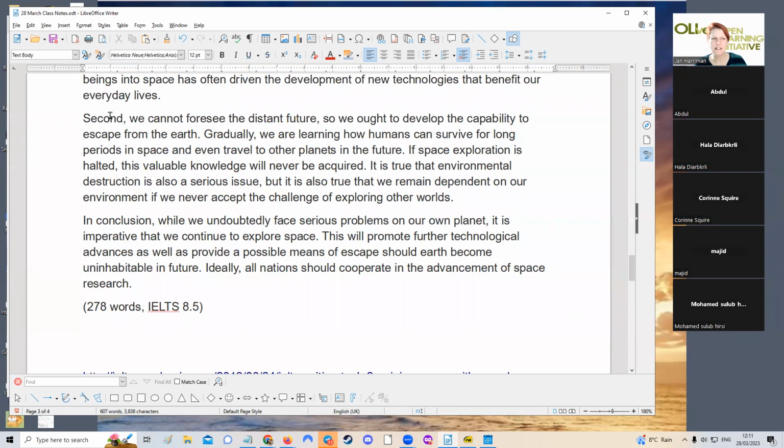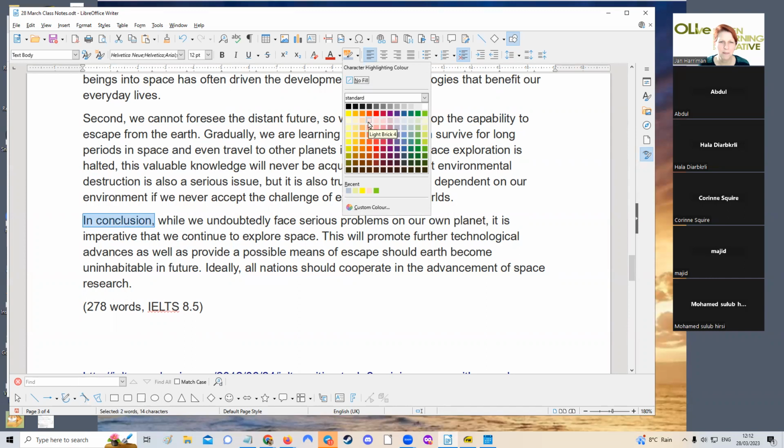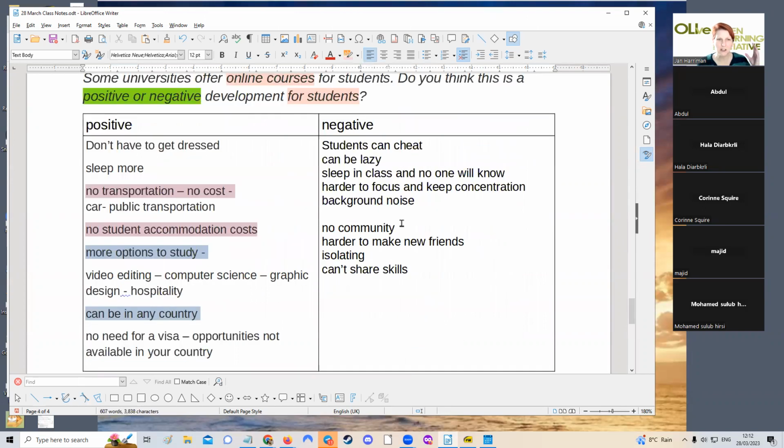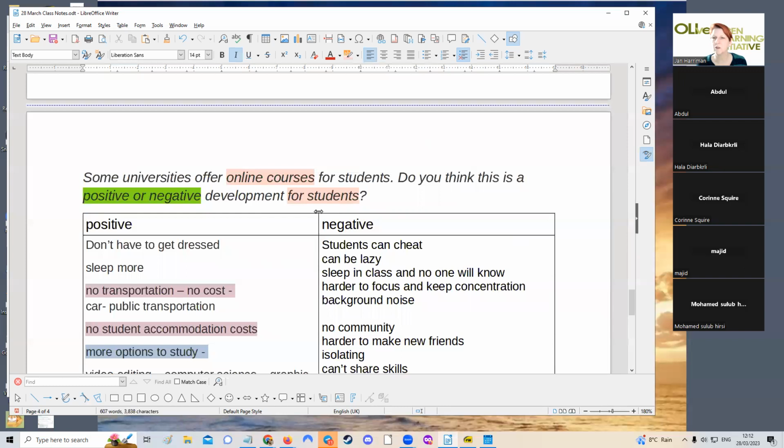Try and find the structure of the second paragraph and look at how they've used all of this wonderful signposting language throughout. It's a really good example of one of these. And then try and use that language to write the one that we worked on last week.